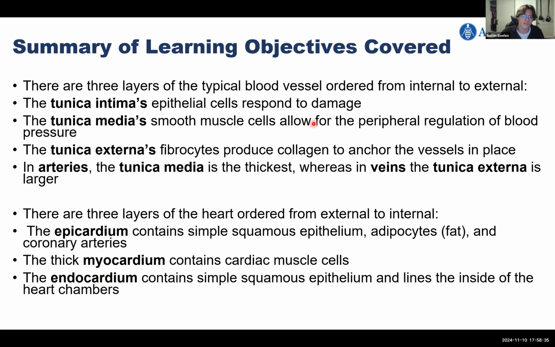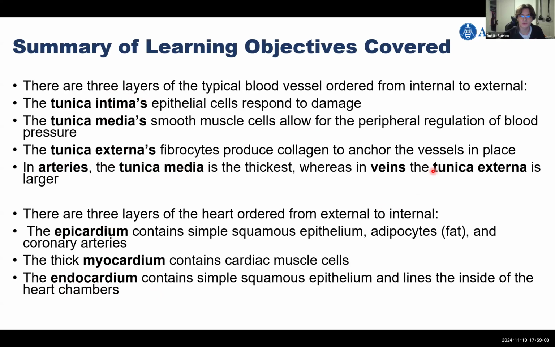And then arteries having more muscles makes sense intuitively when you learn more about how the arteries function, that they need to have contractility to be able to move the blood, whereas veins are kind of just the blood is flowing and pooling and getting through those one-way valves. So they don't really need to have those muscles to contract quite as much as the arteries do.